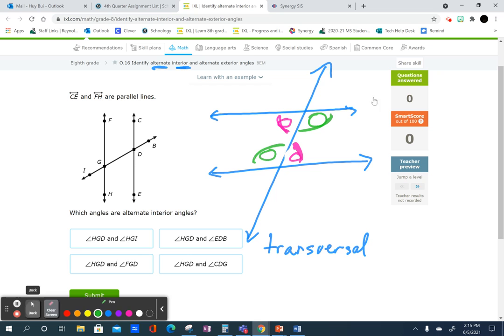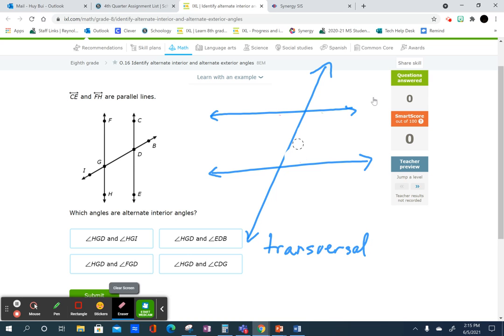Now, the next thing on this assignment is about alternating exterior angles. So instead of being inside or in between these two parallel lines, exterior means outside. So you can think of these angles as away from each other. So let's look for this really wide pink angle up here.